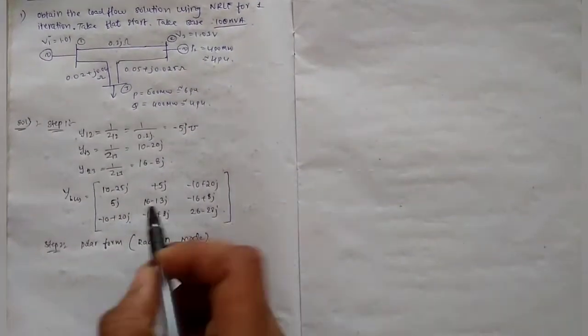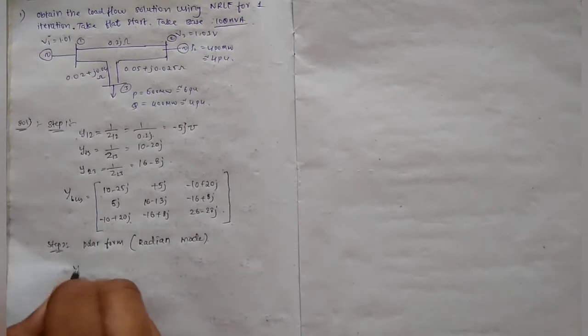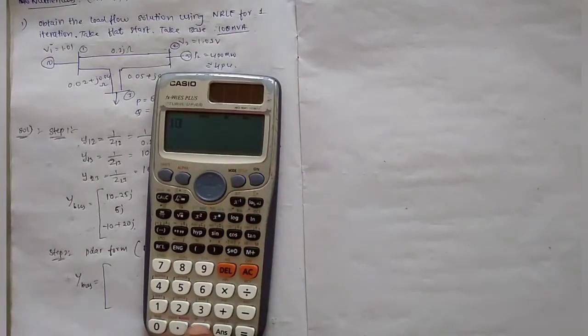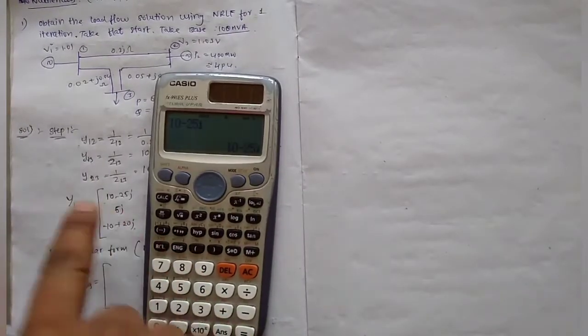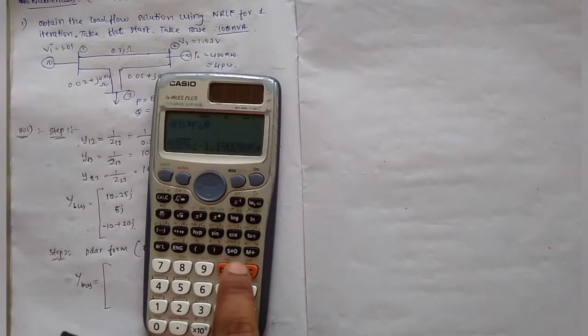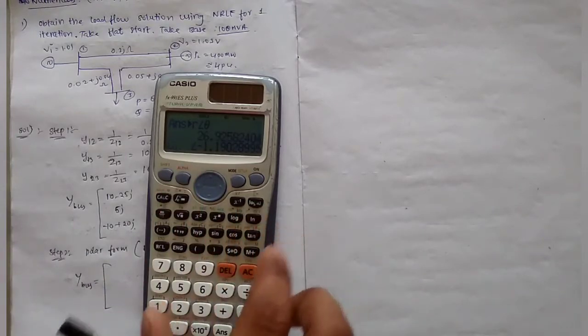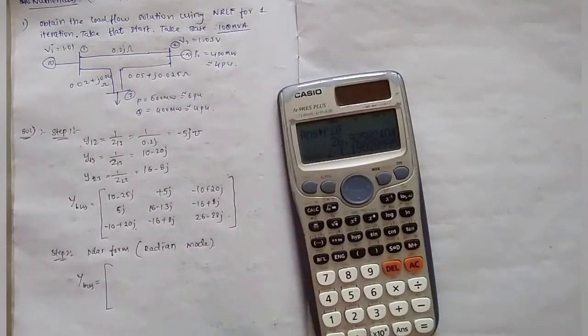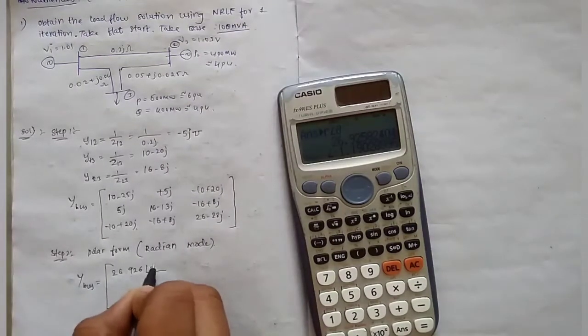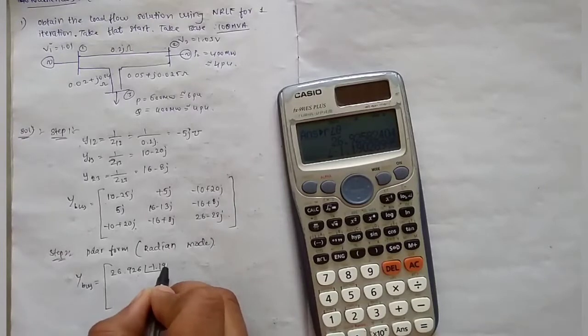I'm keeping this in radian mode and converting this rectangular form into polar form. That is 10 minus 25j. Shift complex 3 is equal to, I got 26.926 angle minus 1.19 degree. Okay, not degree, this is radian mode.